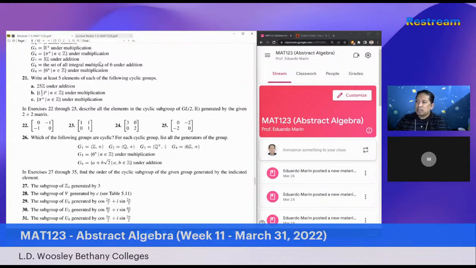When you take the exponent, we could see the elements there. So it is a subgroup, it has an identity.